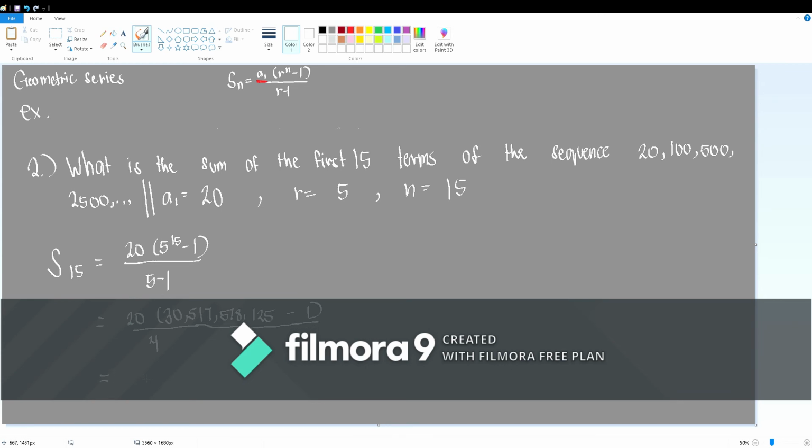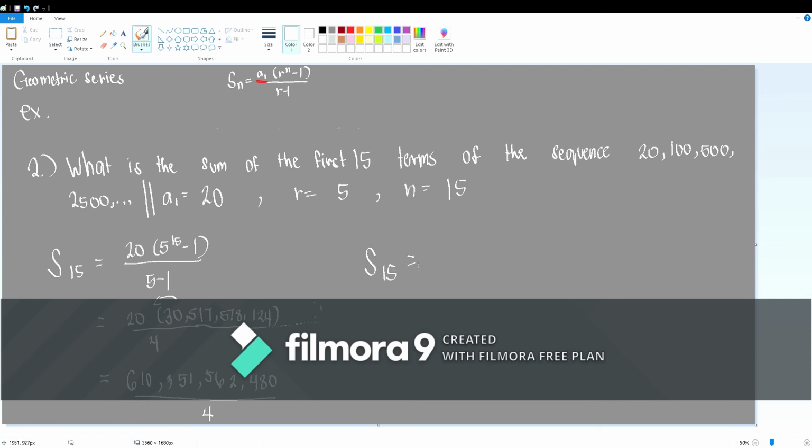After getting the 5 raised to 15, you will multiply 20 by the difference of 5 raised to 15 minus 1. Now the product will be 610 billion 351 million 562,480 over 4.